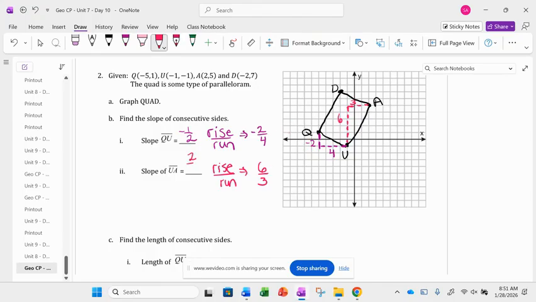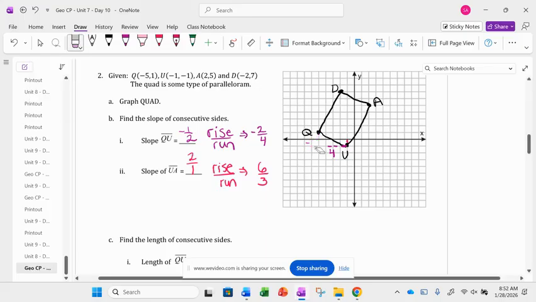Isn't that 2 over 1? What is the relationship between these two slopes? -1 over 2 and +2 over 1. Aren't they opposite reciprocals?